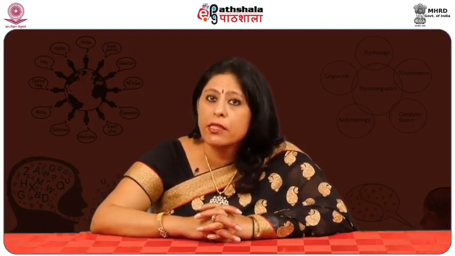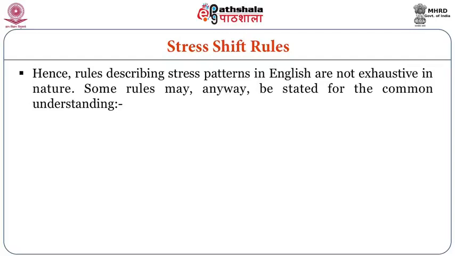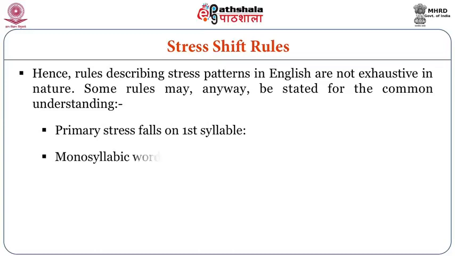Now what are the various rules of stress shift that we are supposed to follow, and that tell us the real pronunciation and understanding of the word in the real sense. The rules describing stress patterns in English are not exhaustive in nature. Some rules may anyway be stated for common understanding. Primary stress, as we already told you, falls on the first syllable.